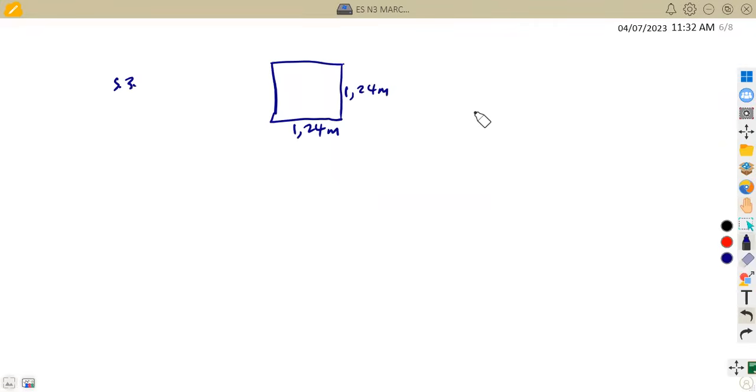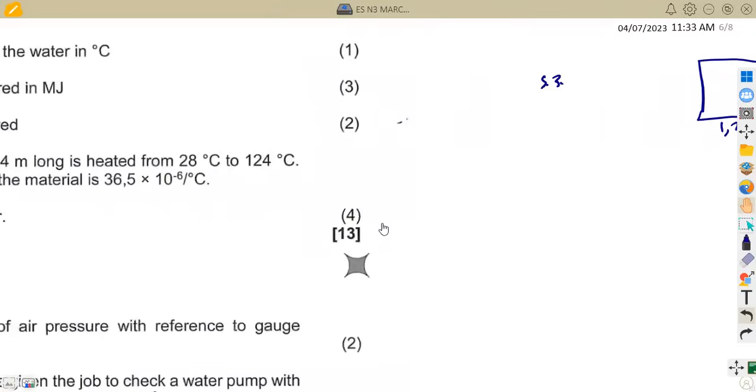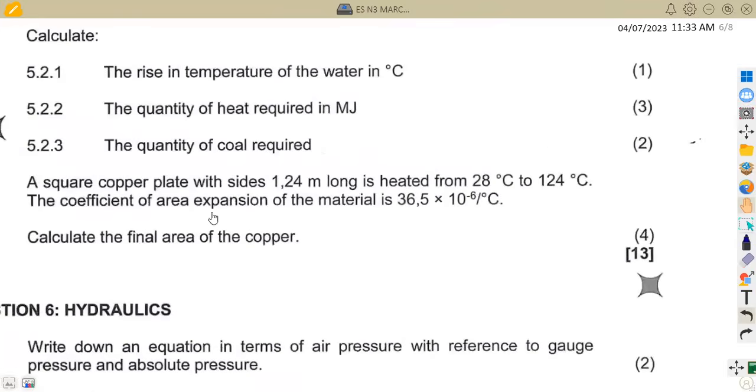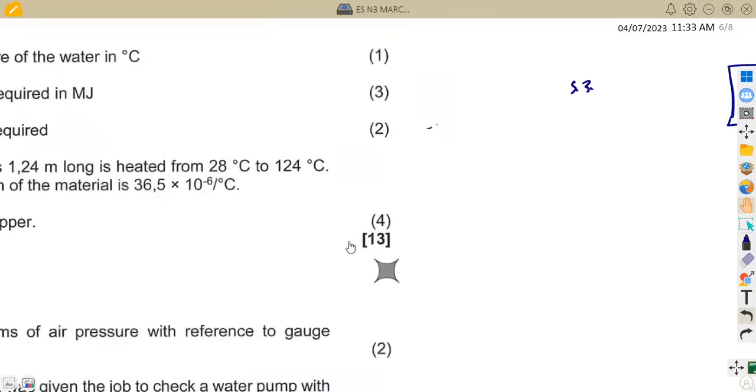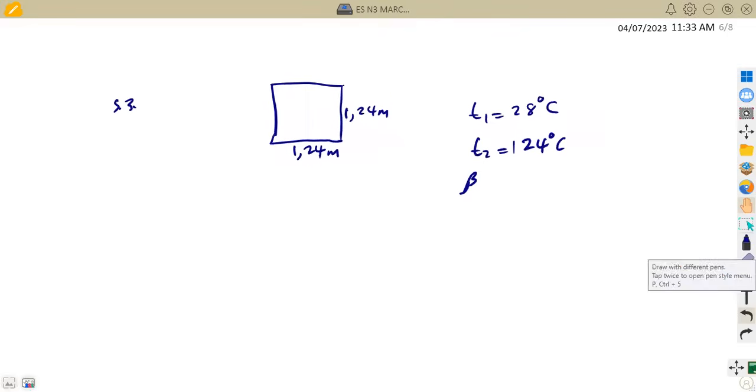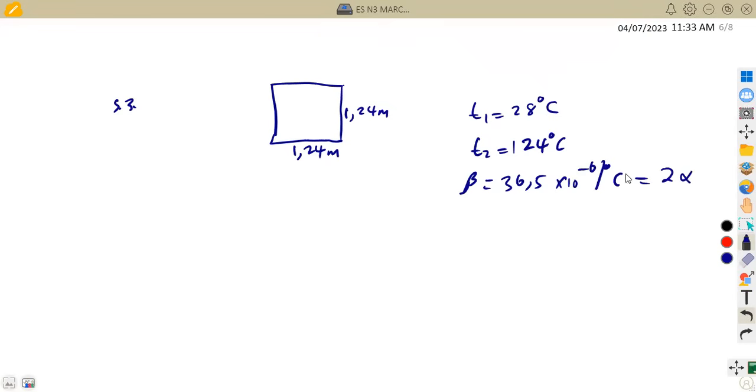So 28 is our initial temperature in this case, and the final temperature is 124 degrees Celsius, having the coefficient of area expansion, not linear, but area expansion, which is 36,5. So this is our beta, which is for area. That's 36,5 times 10 to the power of -6 per degree Celsius, which is equivalent to 2 alpha, which is for the linear. So the question is, we are supposed to calculate the final area in this case.